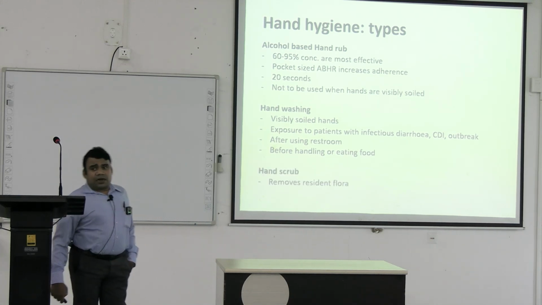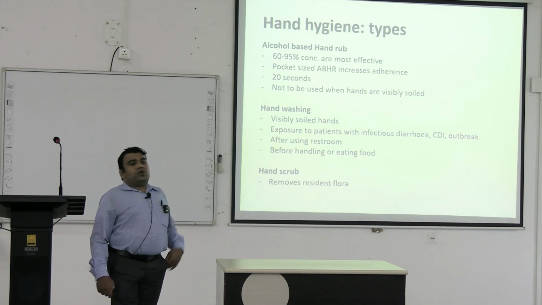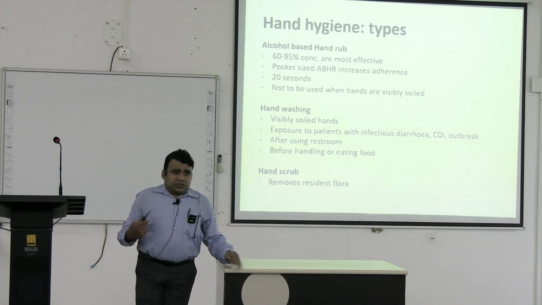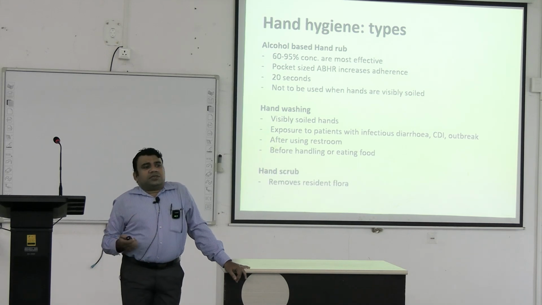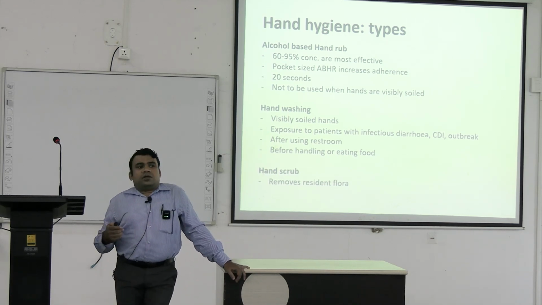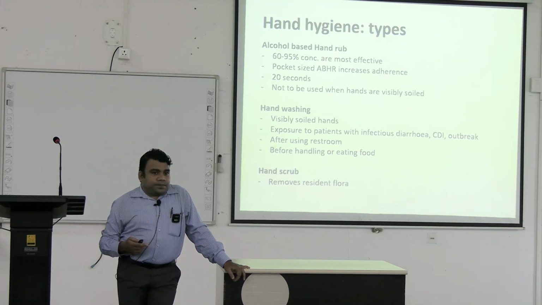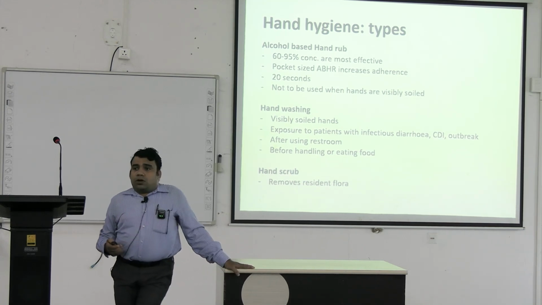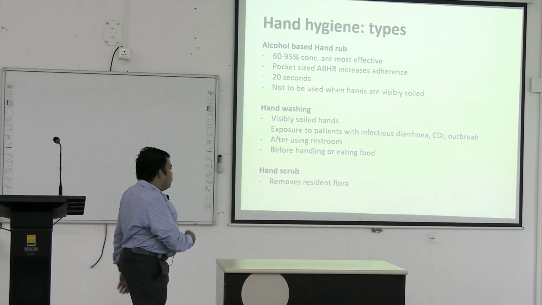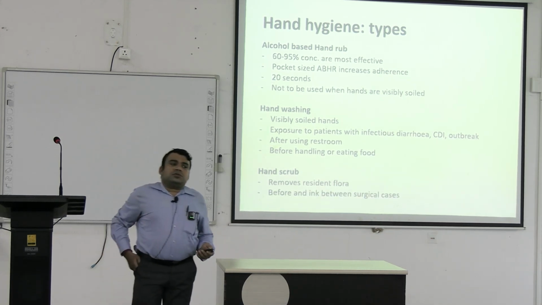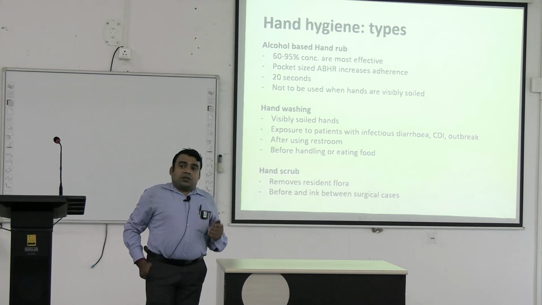Finally, there is hand scrub. If you go to the operating room, you will find that the surgeons and the nurses involved in the surgery, before going into the surgery, wash their hands rather extensively up to the elbow. Why? Because hand scrubbing is an even more thorough process, washing thoroughly the skin of the hands.